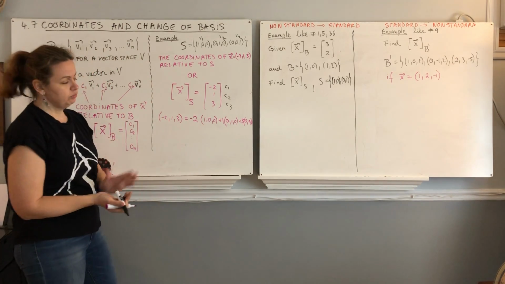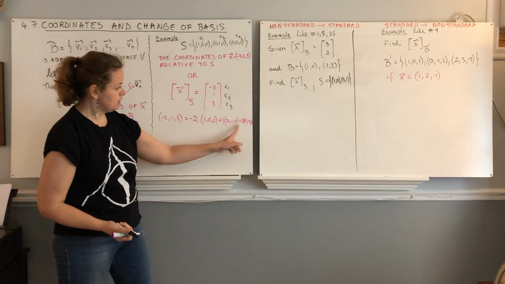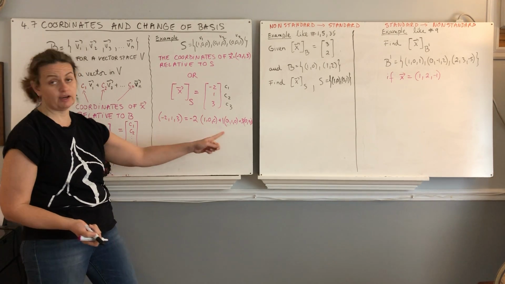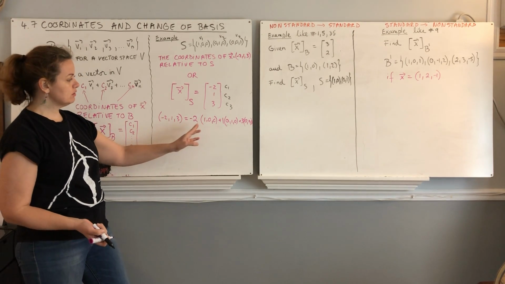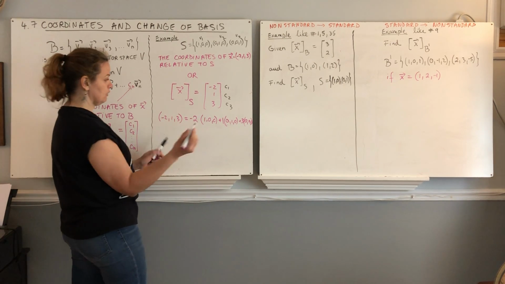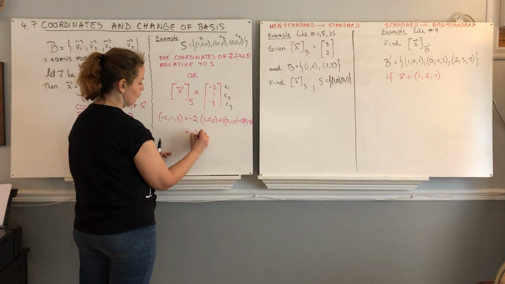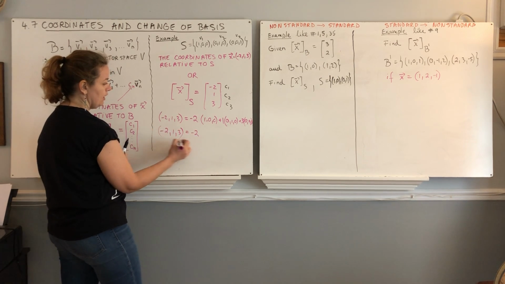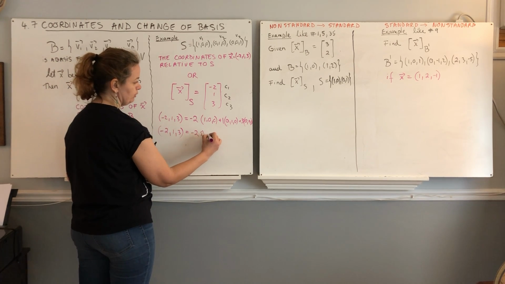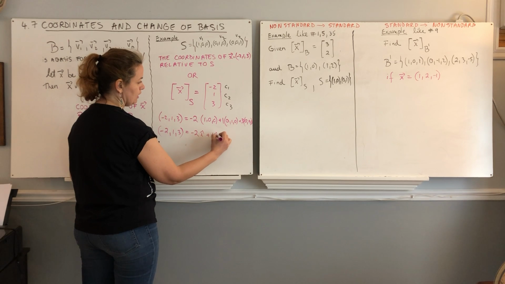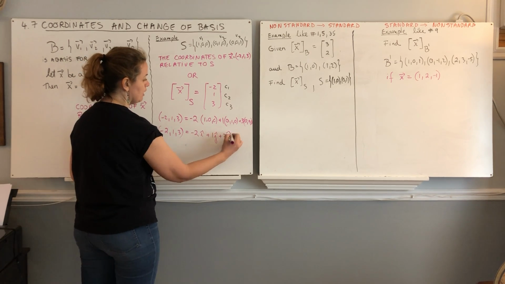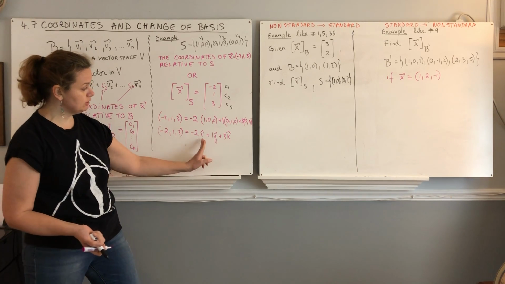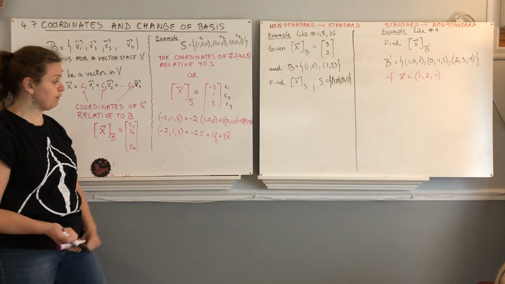So we all know that this is how you write negative 2, 1, 3 in terms of i, j, k, right? So when you did this in Calc 3, when you wrote negative 2, 1, 3 as negative 2i plus 1j plus 3k, you are really writing the coefficients of the vector in terms of the standard basis, right?